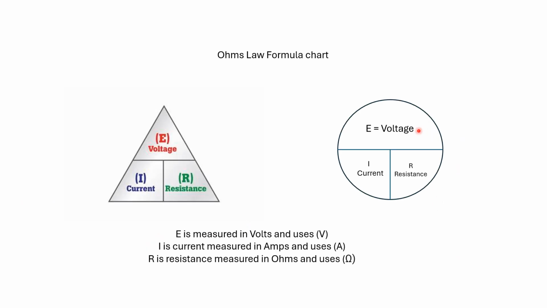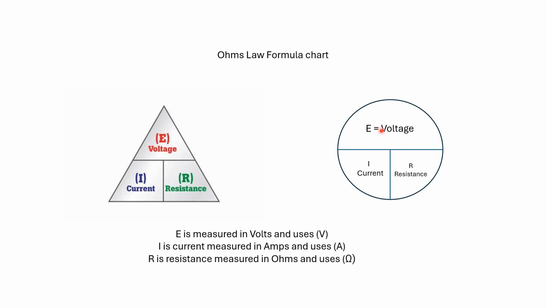Now here's the formula I just used off the top of my head. You have the voltage on top, and current and resistance down here. This is another way of drawing it. I use this because it reminds me of a pi, and that helps me with the power formula later on. Power equals current times voltage, so P equals IE, pi.